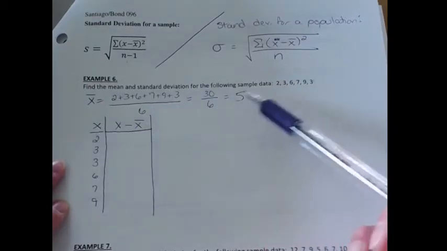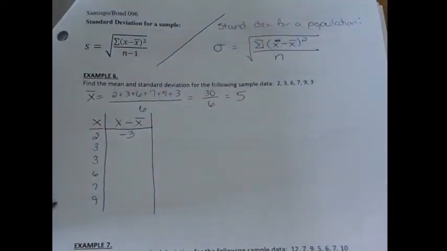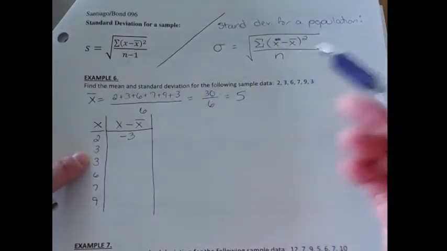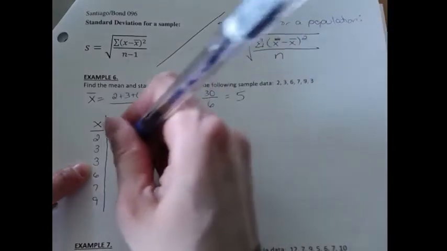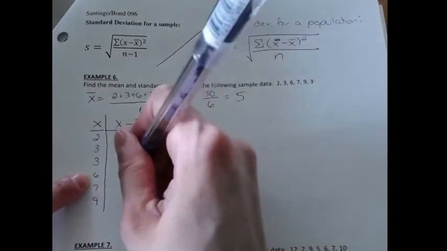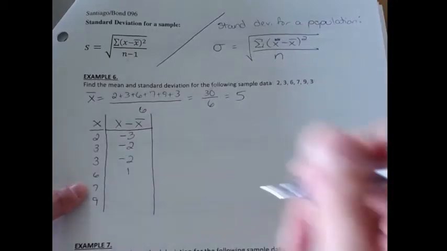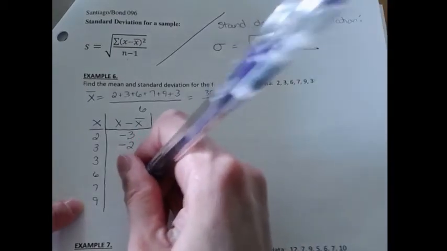So 2 minus 5 is negative 3. Let's do it again. 3 minus 5 is negative 2. 3 minus 5 is negative 2. 6 minus 5 is 1. 7 minus 5 is 2, and 9 minus 5 is 4.